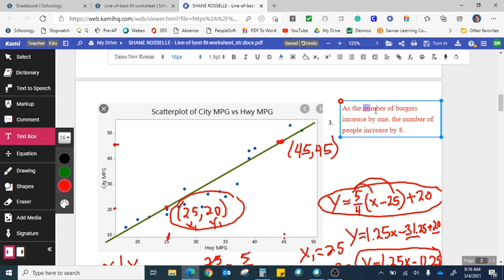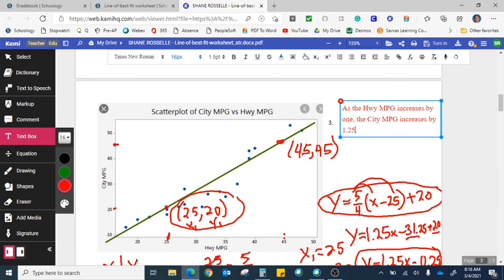So as the highway miles per gallon increases by 1, the city, this is going to be the y variable, the city miles per gallon increases by 1.25.